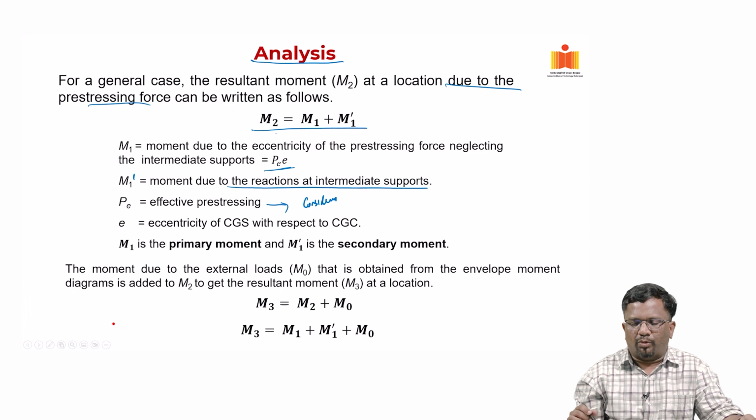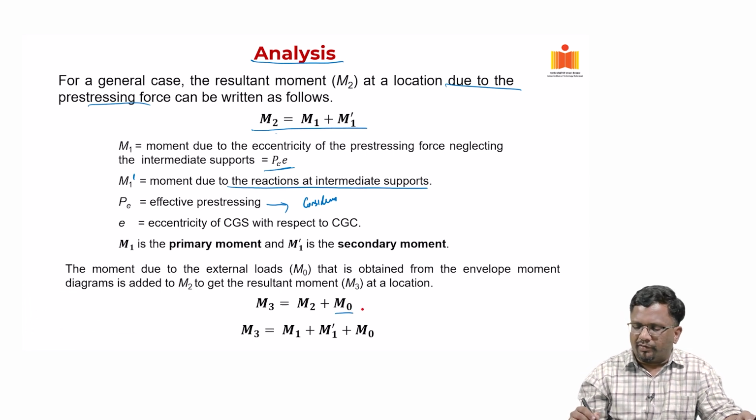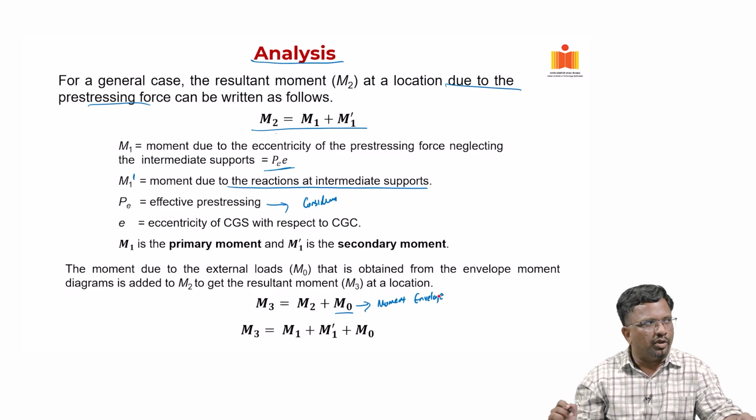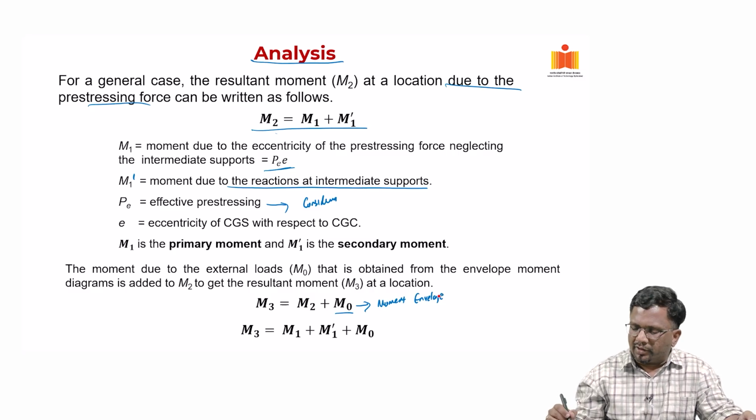What is the total moment? Total moment, as we have seen, this M0 we have considered from the external load. This is the moment envelope, that is coming from external loads, right.